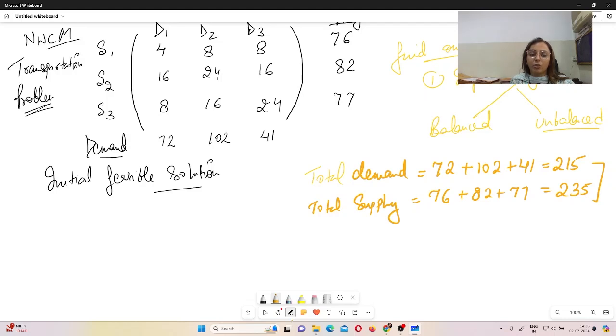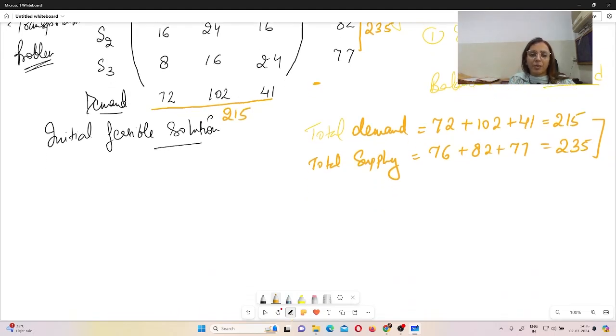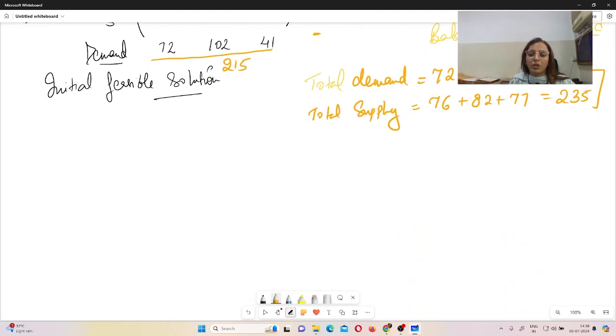Something is missing, which means we have to create a dummy column with the balance amount. The total of that dummy will be 235 minus 215, which equals 20, right?